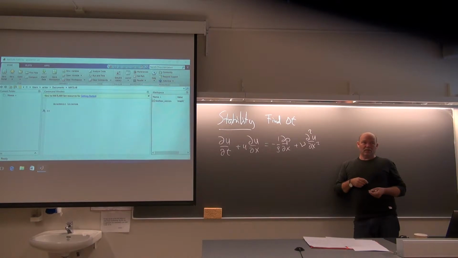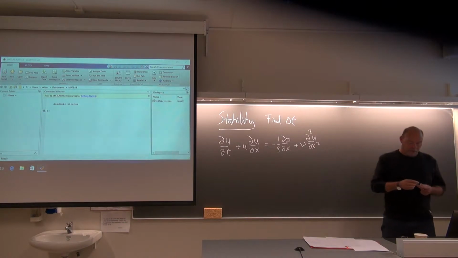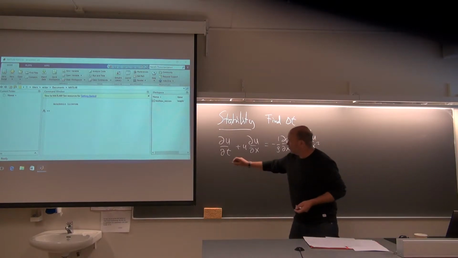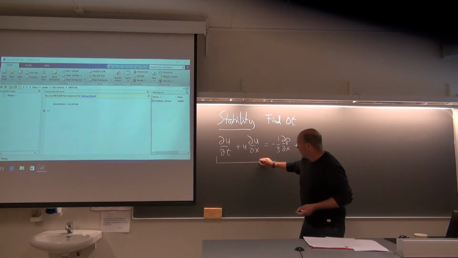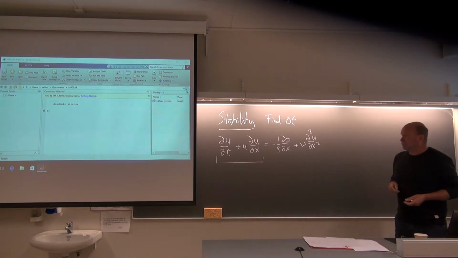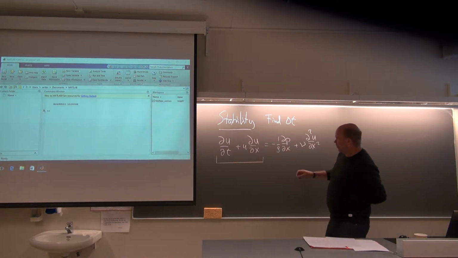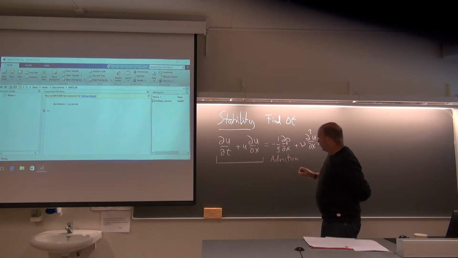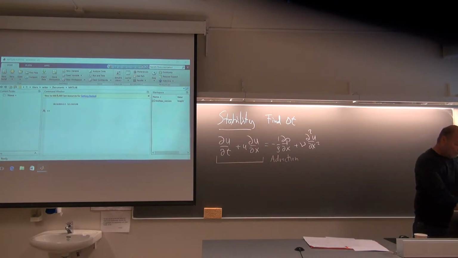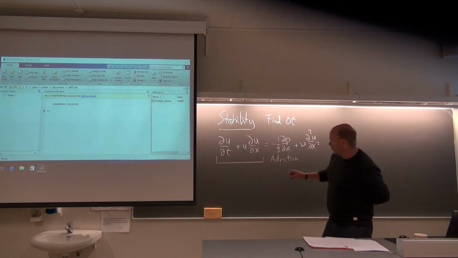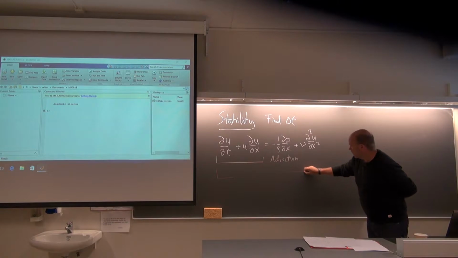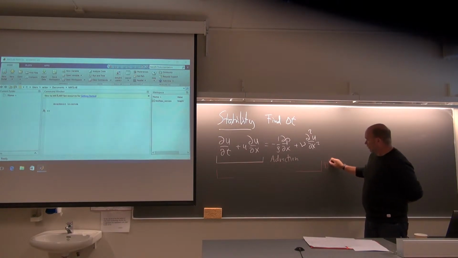It's too complex, rather messy. So we split it up and look at only certain terms at a time. The first terms we are going to look at are these two, and then we are talking about the advection equation. That's where we start. Next, we are going to look into the time derivative and then the last term. Then we are talking about the diffusion equation.